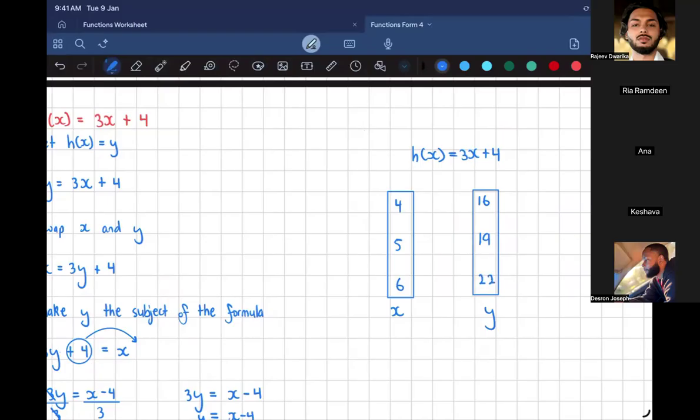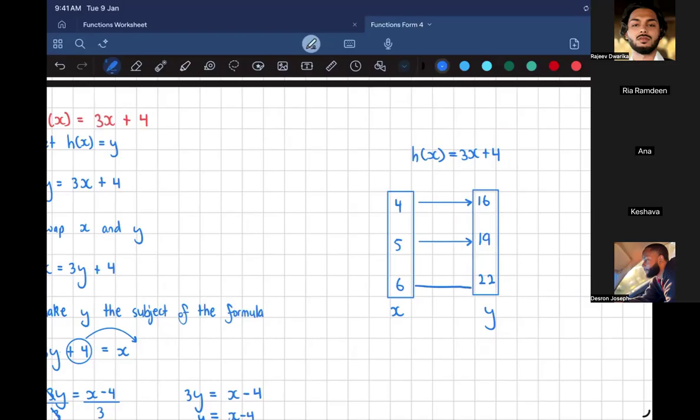So does this make sense? h of x is mapping 4 onto 16, 5 onto 19, and 6 onto 22. Is that confusing you or do you understand that? I understand. Ria, am I confusing you or do you understand that using the function we went from x to y?